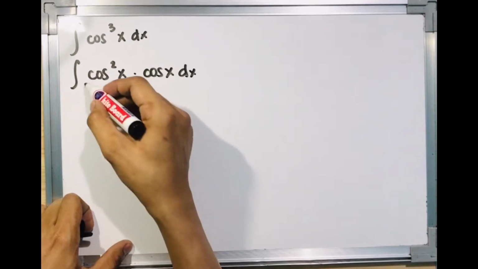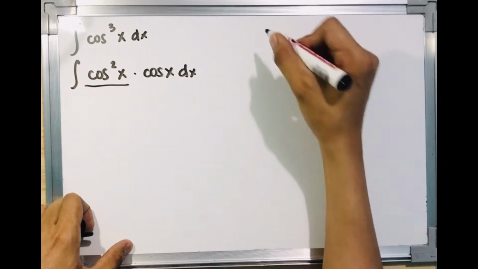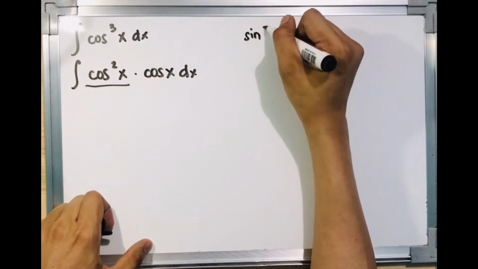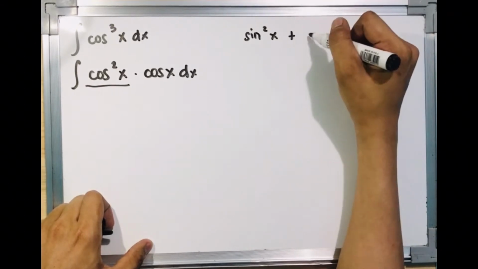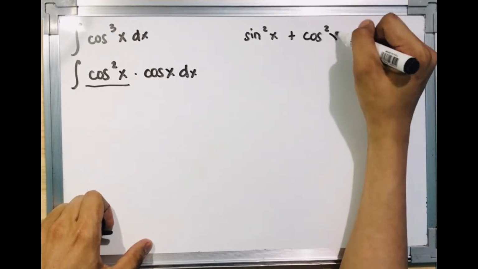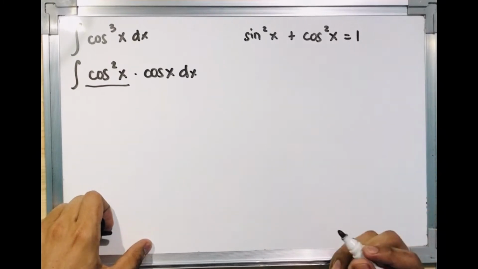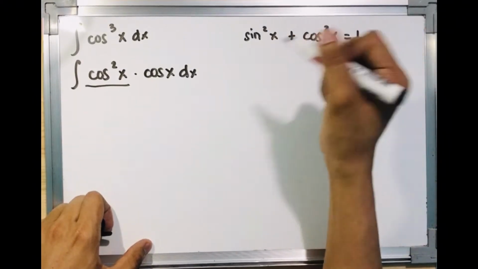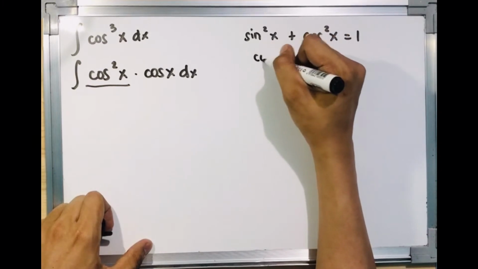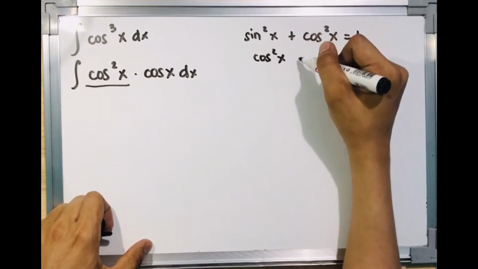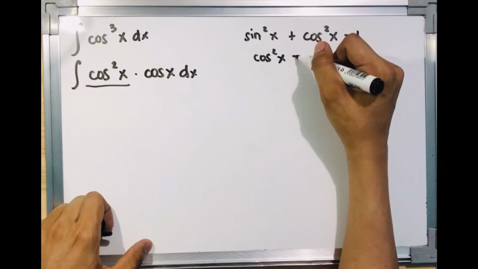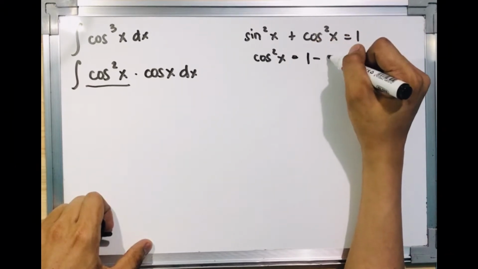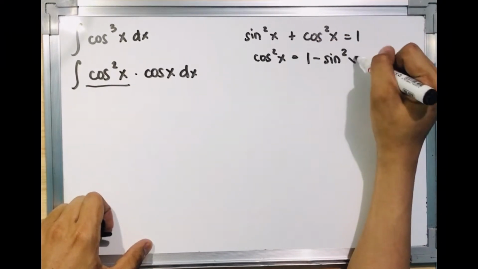Kung mapapansin natin, meron tayong identity for cosine squared of x. So, sine squared of x plus cosine squared of x is equal to 1. Okay? And then, resolving for cosine squared of x on the left side, that will be 1 minus sine squared of x.